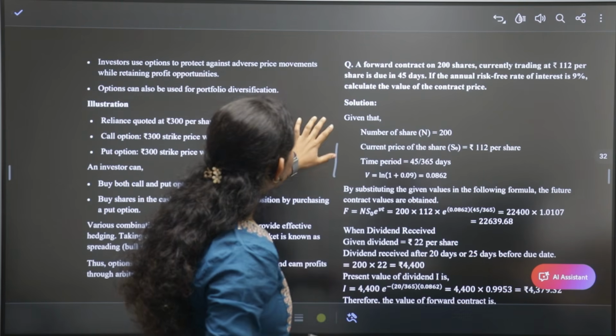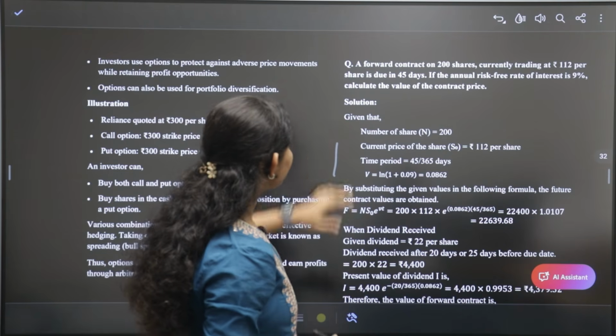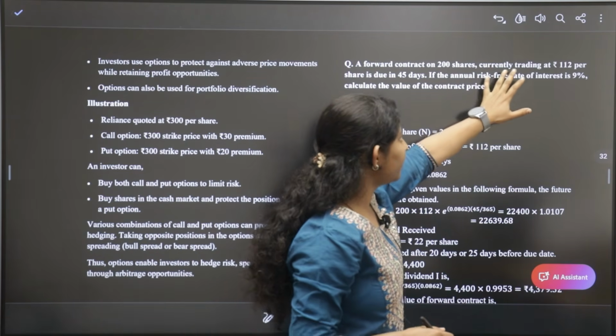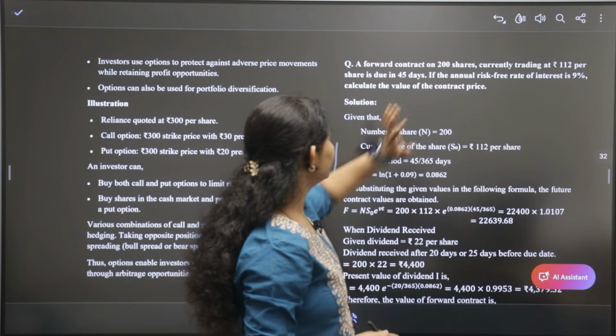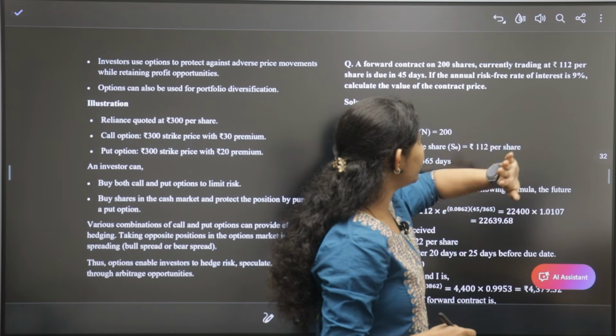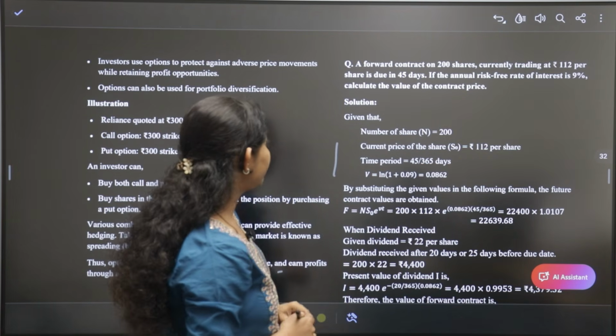Next, we have a simple problem. A forward contract of 200 shares, currently trading at rupees 112 per share, is due in 45 days. If the annual risk free rate of interest is 9%, calculate the value of the contract price. Solution.